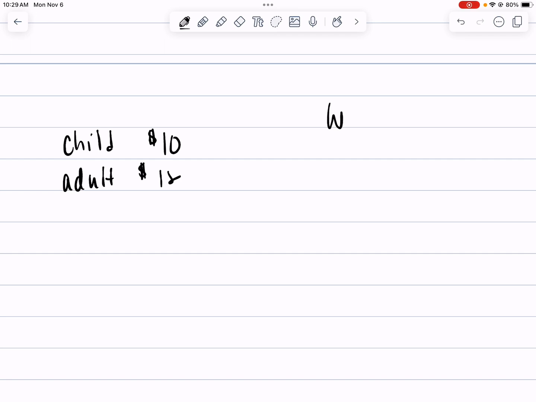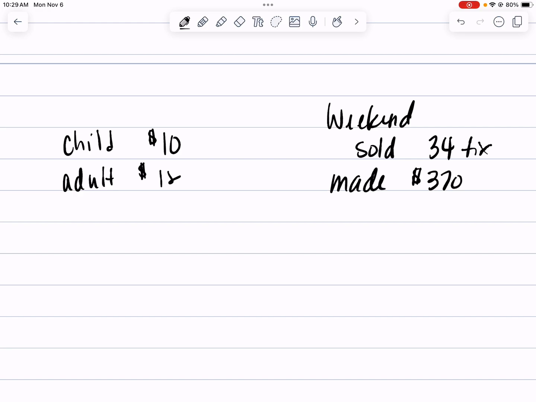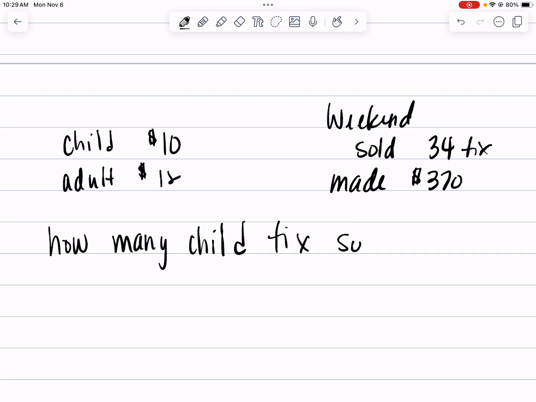For this weekend, they sold 34 tickets, and we know they made $370. The question is, how many child tickets were sold, and how many adult tickets were sold?